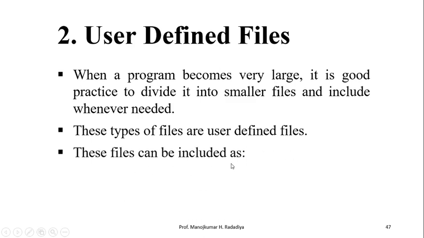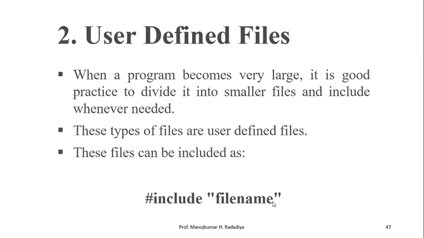These files can be included as well, that means we can make our own header file and include it, but the syntax is somewhat different. #include, here I cannot use angle brackets; I use double quotes, then my file name .h.